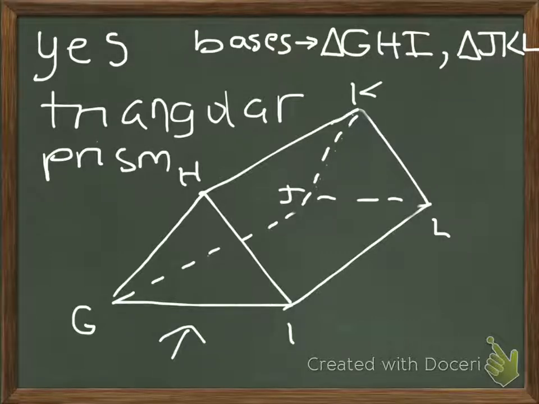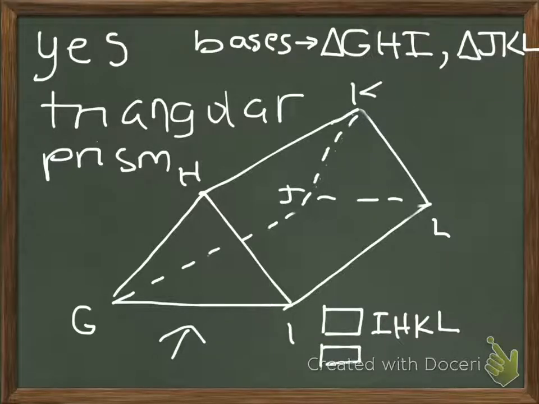Then you have all the faces, which are basically every other flat surface besides the two bases. So we have the two rectangles on the sides of the prism, and then the bottom rectangle to name here. So we put a little rectangle symbol. We have IHKL, that's one side.